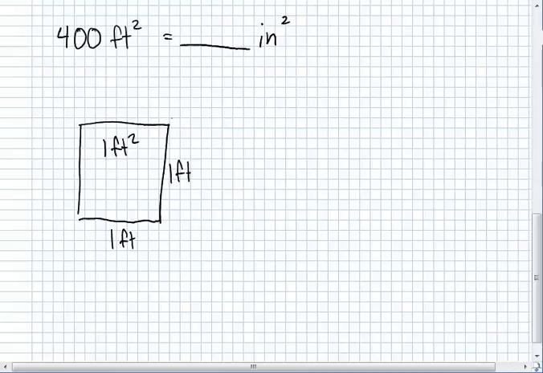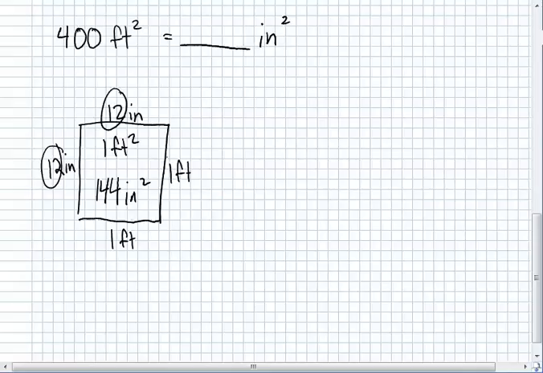In inches, that's 12 inches by 12 inches. But the conversion is not 12 for every 1 square foot, because the area in square inches is 12 times 12, or 144 square inches. So the conversion factor for square feet to square inches is 1 to 144, not 1 to 12.